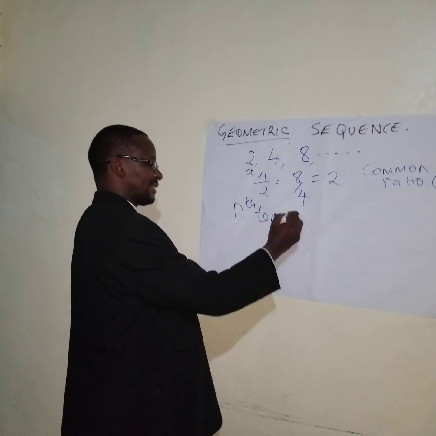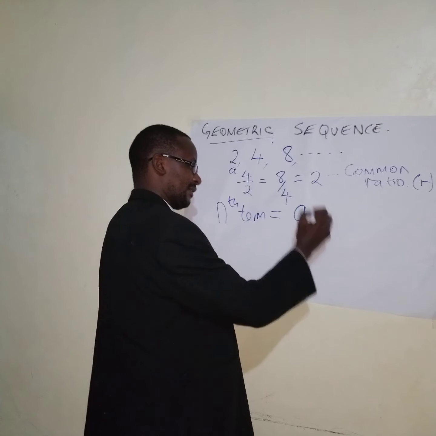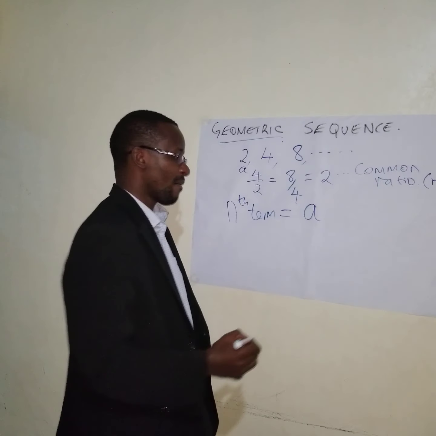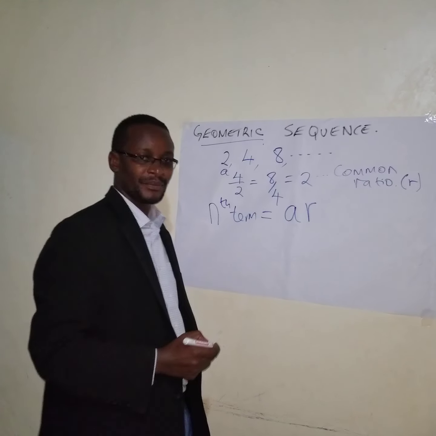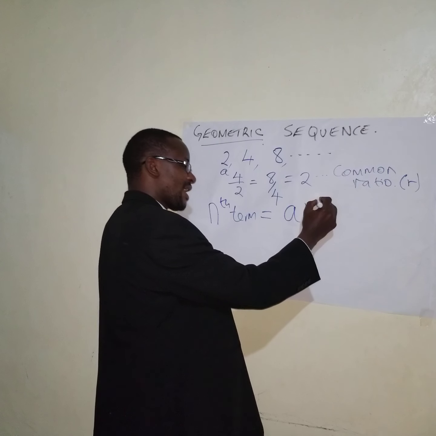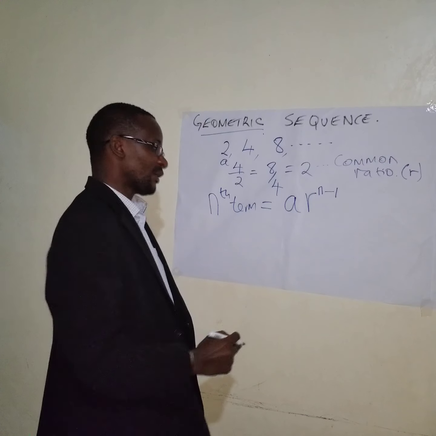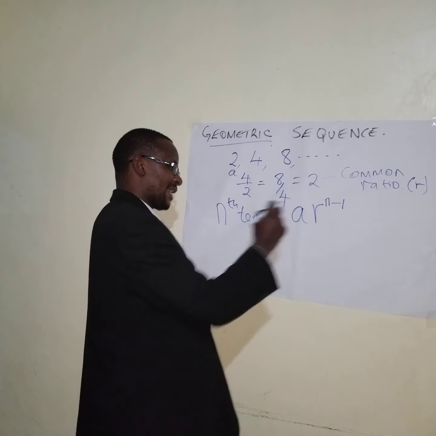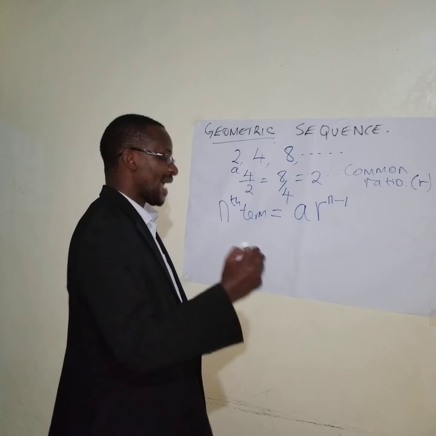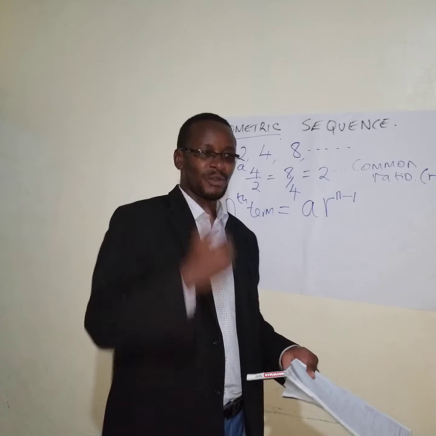The formula is simple. It is A, the first term, multiplied by R, the common ratio, and R is raised to power n minus 1. So you subtract 1 from n and put it as a power of R. What is n? n is that particular term you're looking for.